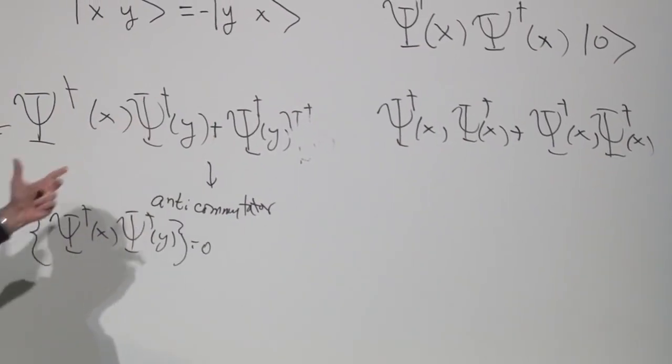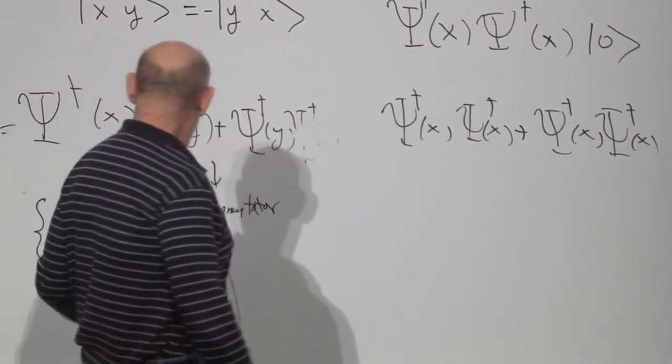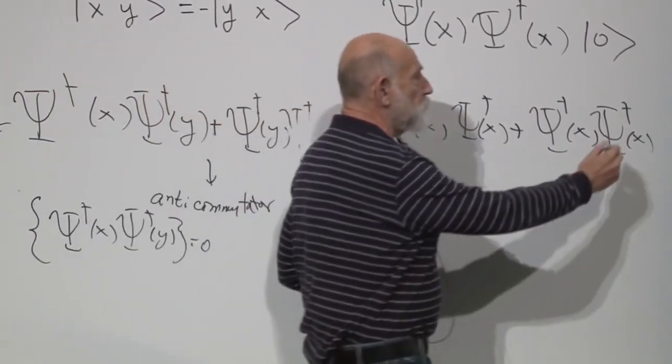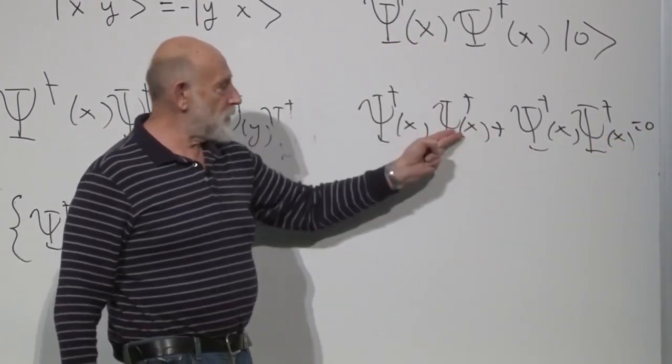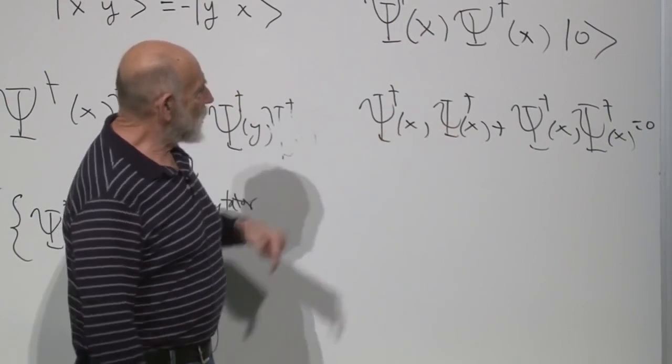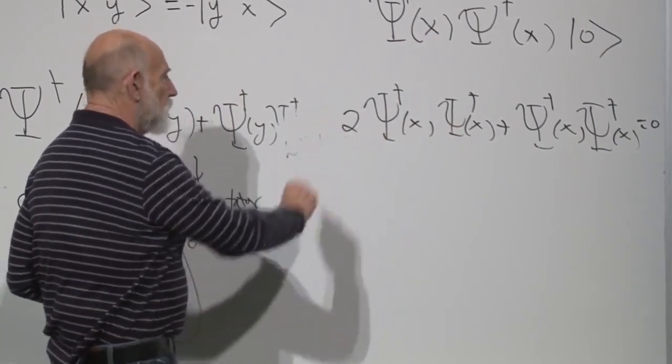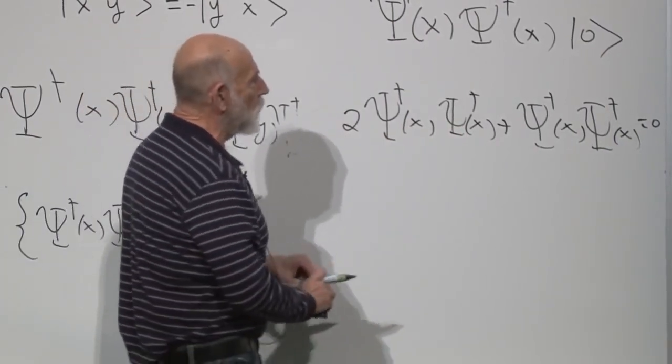I've just replaced y by x, and the statement here is that it should be equal to 0. Well, these two operators are exactly the same. This is just twice psi dagger of x times psi dagger of x equals 0.